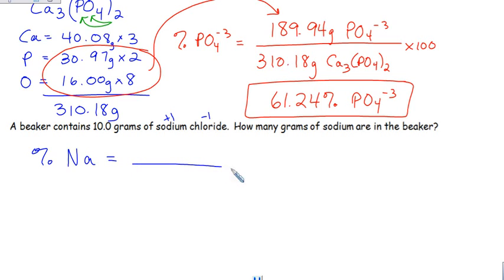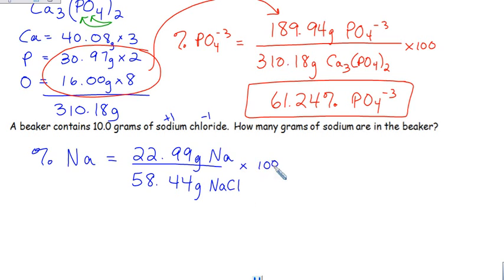So I'm going to have 1 sodium, 22.99 grams of sodium, divided by the mass of the compound. Sodium plus chlorine, 58.44 grams of sodium chloride. Times 100 will give me, I'll keep it with the 2 decimal spots, I suppose, 39.34% sodium.